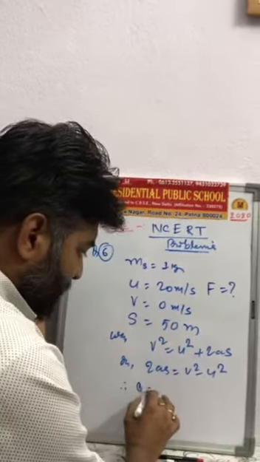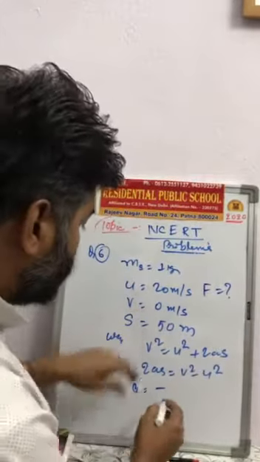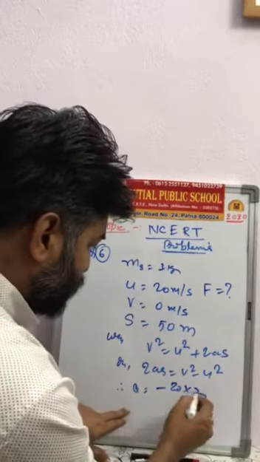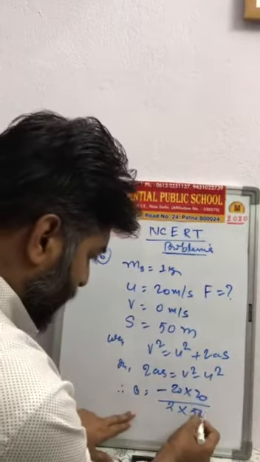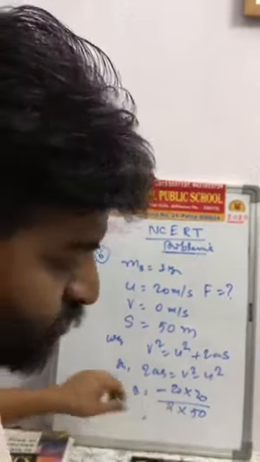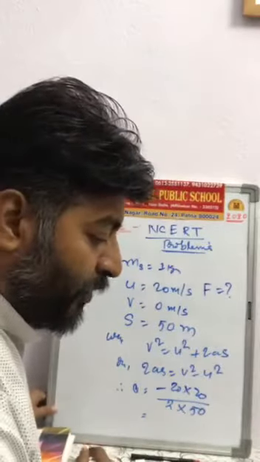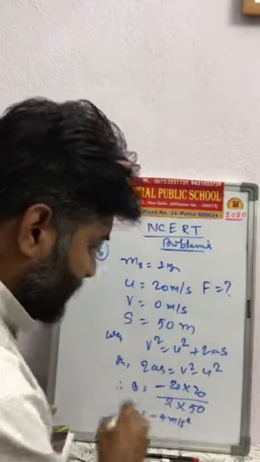Therefore a is equal to v square, which is 0, minus u square, that means 20 into 20, divided by 2 into s, that means 50, and we get the acceleration is equal to minus 4 meter per second square.